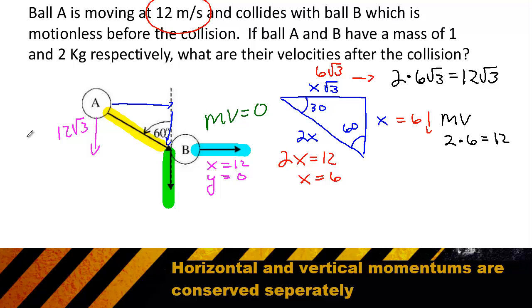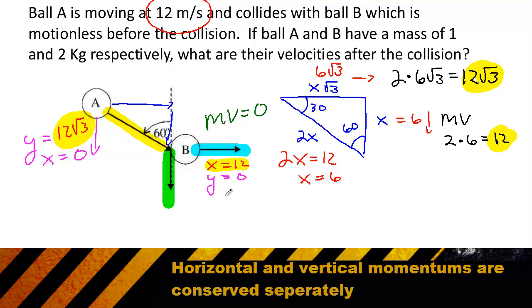Likewise, we know ball A has a vertical momentum of 12 root 3, but it also has a horizontal momentum of 0. And then if we look at the initial and final momentums, you can see everything is conserved. We still have a total combined vertical momentum of 12 root 3 and a total combined horizontal momentum of 12, just like we had before the collision.